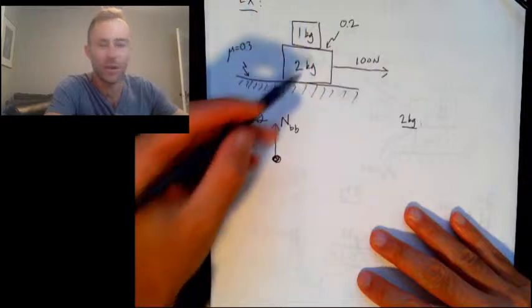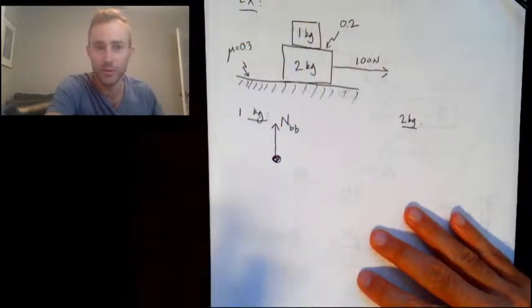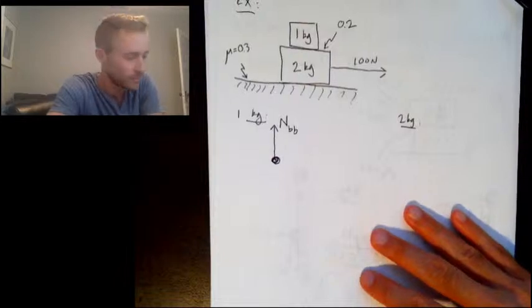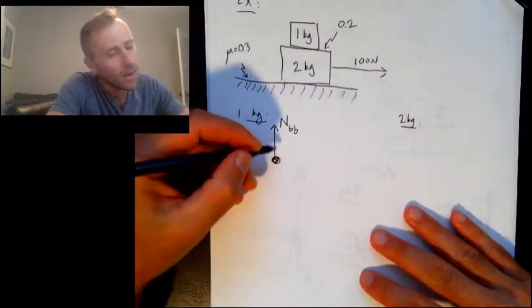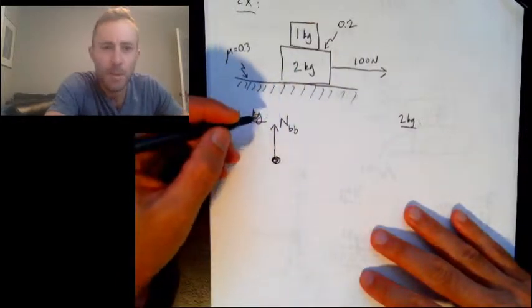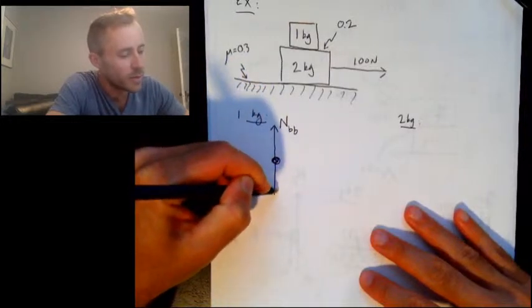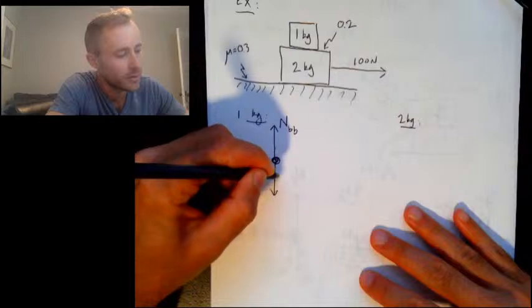The 1 kilogram block is not in contact with the floor, so it doesn't get a normal force from the floor. It only gets a normal force between the blocks. We have a weight force, which is going to be M times G, or 10 newtons.